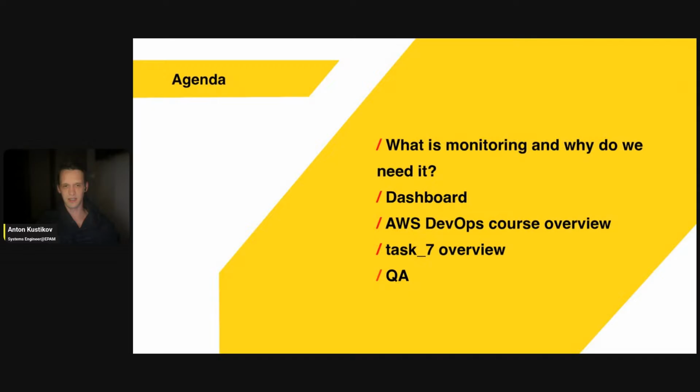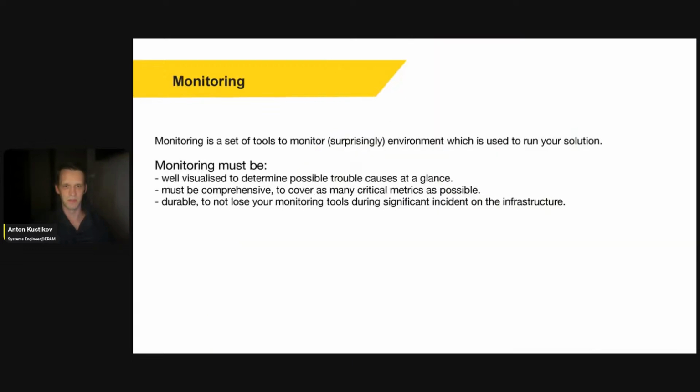And next, almost at the end, we will have a look at the AWS DevOps course. We will try to overview what we've done so far. And for sure, we'll talk about task number 7. We will try to figure out what's supposed to be done and what the cross-check evaluation criteria are.